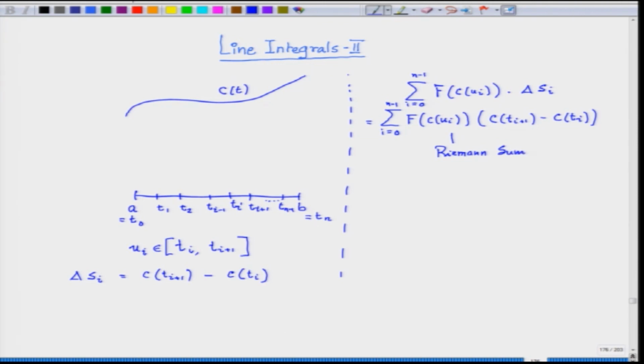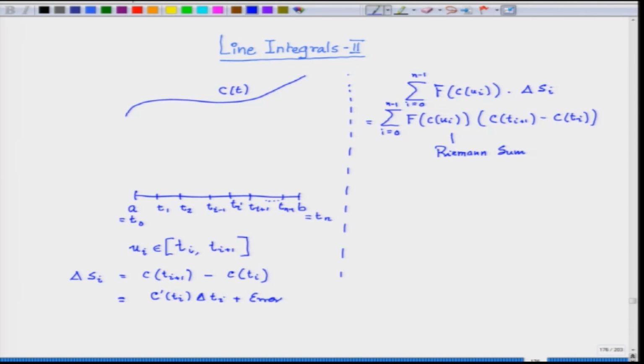Now, the delta Si, if I write it in terms of the Taylor series, the linear approximation of it is C dash (ti) times delta ti, which is ti plus 1 minus ti, plus some error. That is what a first order Taylor's expansion will give me.